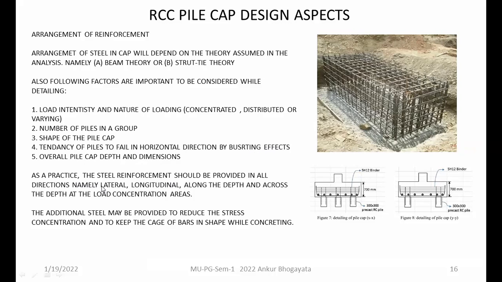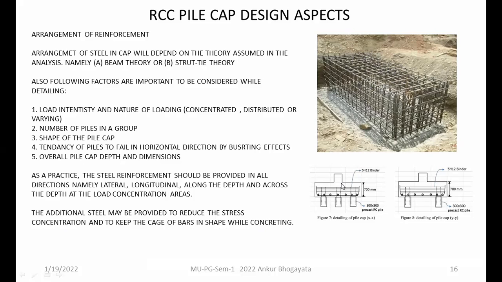As a practice, the steel reinforcement should be provided in all directions, as I said earlier. And additionally, steel may be provided to reduce the stress concentration and to keep the cage of bars in shape while concreting. Suppose you have, let us say, one column in the center of this pad, you should ideally increase the top reinforcement, in addition to whatever area of steel you have calculated, to reduce the stress concentration, as I said earlier.